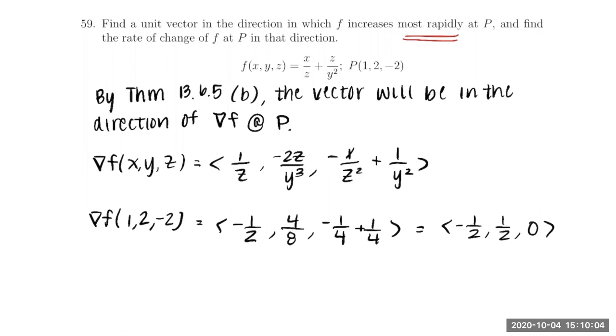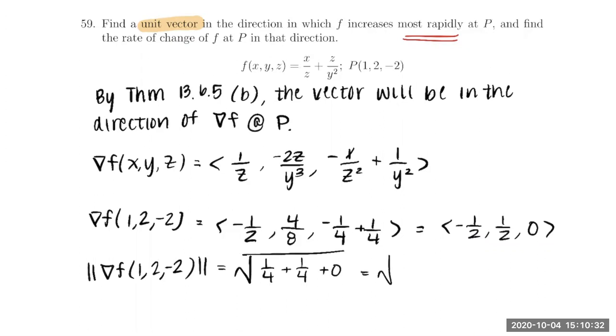All right, so notice in the statement here, we want to find a unit vector in which the function increases most rapidly. So let's check to see if this gradient vector is in fact unit. So finding the magnitude here, we get the square root of 1/4 plus 1/4 plus 0, which is the square root of 1/2, or if you want, you can write it as root 2 over 2.